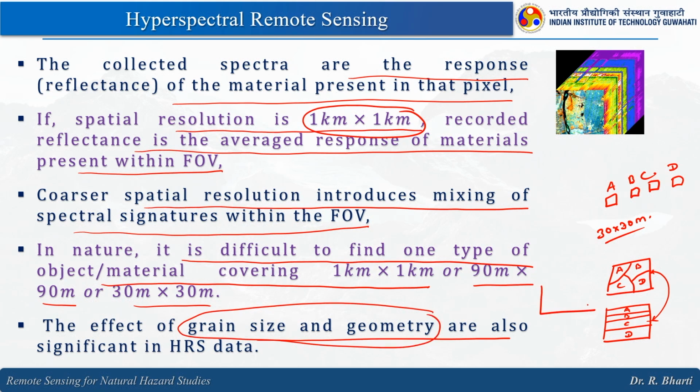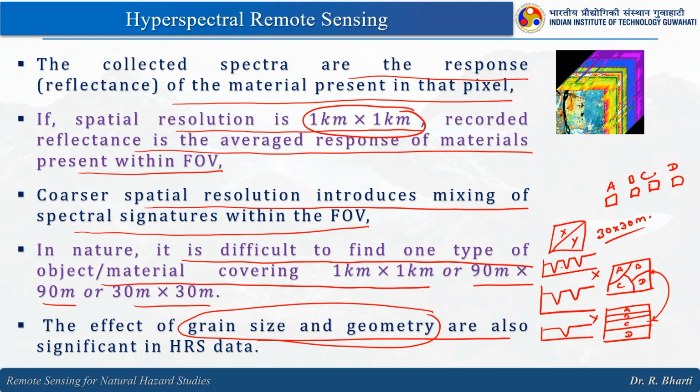And why is this intensity important? Because let us say this is X and let us say this is Y. If these two are present in 1 pixel, let us say 50-50 X, Y, you will have the output reflectance spectra like this, right.